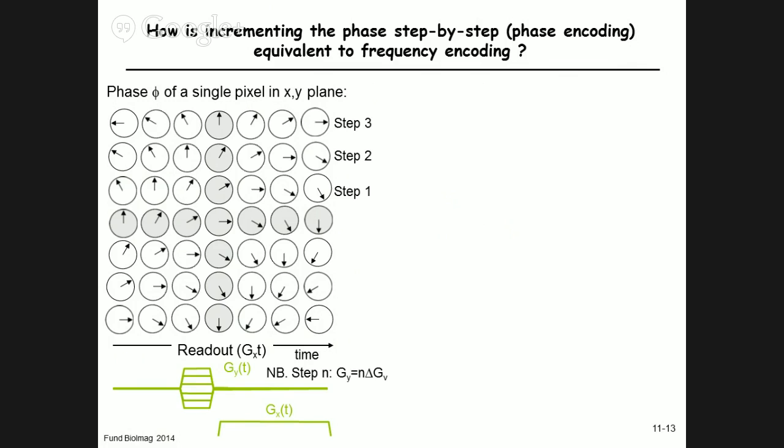There's a phase associated with it, and you can just transpose it, and you still get the same matrix for this pixel. So in other words, applying the phase encode gradient, incrementing it, produces a change of phase that changes through here in the same way as it has changed through here.